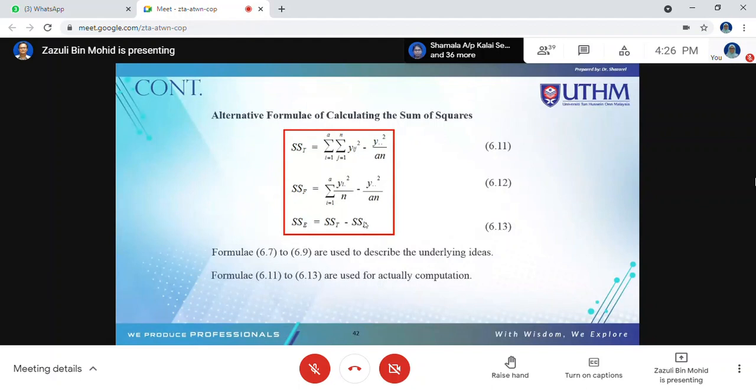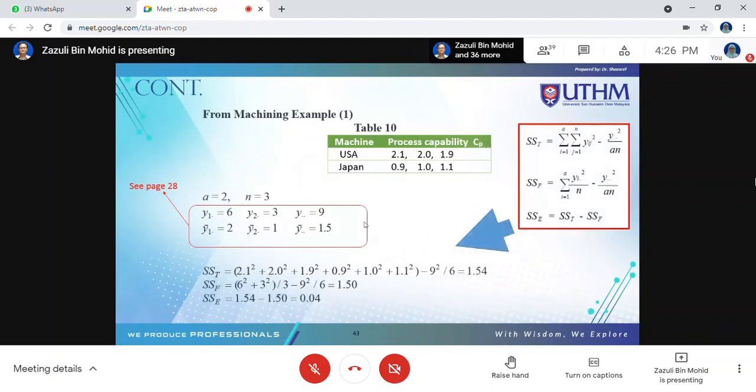Next we have the alternative formula for calculating the sum of squares. We call it alternative, but in the next examples, we are using this formula to calculate the sum of squares. You can refer back to the process capability values.